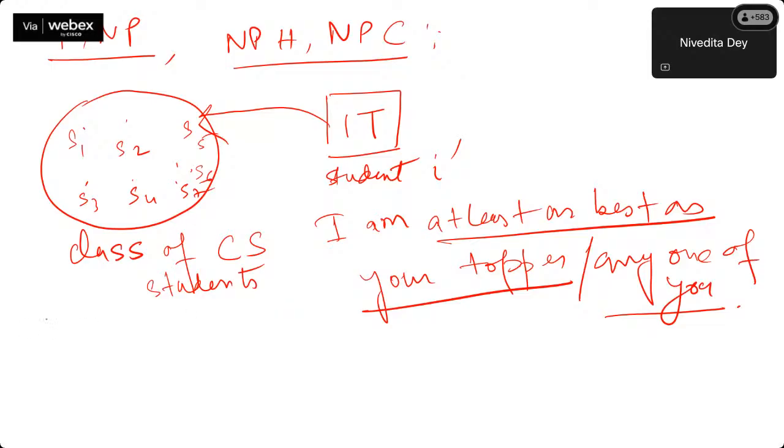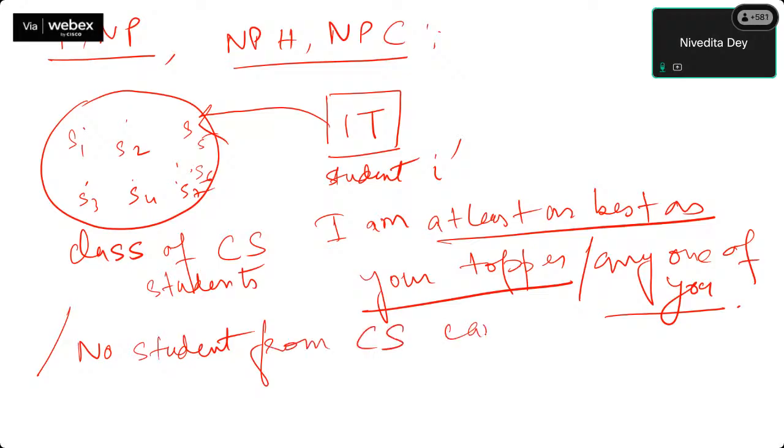Or alternatively, say he is telling that no student from CS can ever, ever beat me. What do I mean by that? That means the IT student is at least better than any of the CS students.